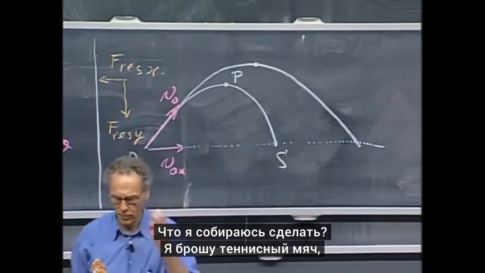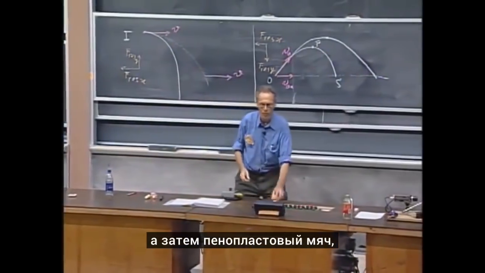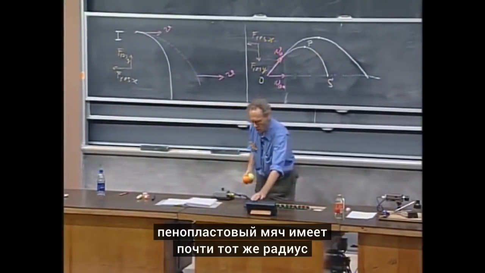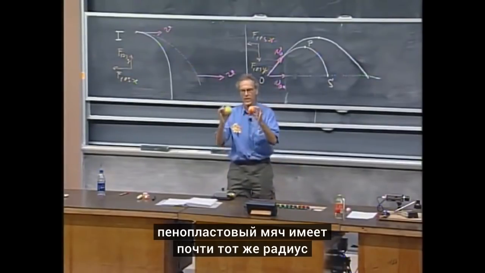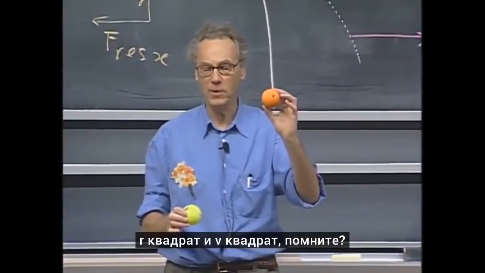So what I will do is I will throw up a tennis ball, and then I will throw up a styrofoam ball. And the styrofoam ball has very closely the same radius as the tennis ball. That means the resistive force is the same on both, because the resistive force is only dictated by r squared and by v squared, remember?